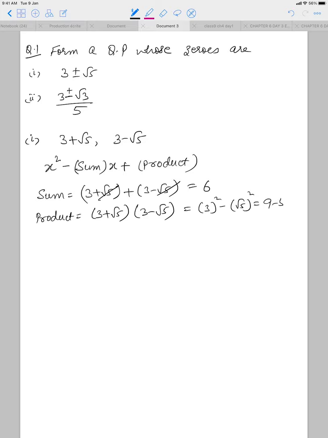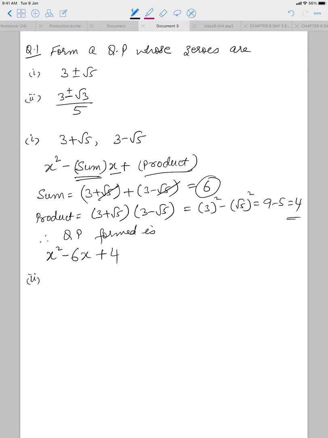So 9 minus 5, that is equal to 4. Therefore the quadratic polynomial formed in this case is x square minus 6x plus 4, where 6 is the sum of the zeros and 4 is the product of the zeros. Hence the quadratic polynomial formed is x square minus 6x plus 4.